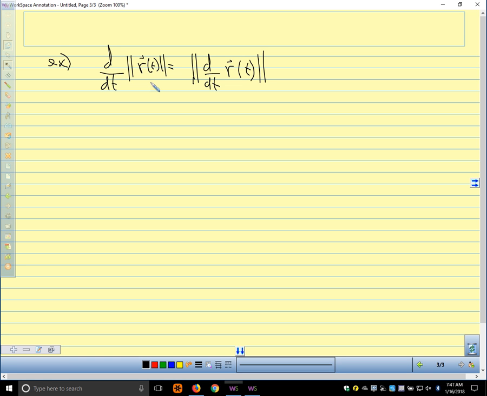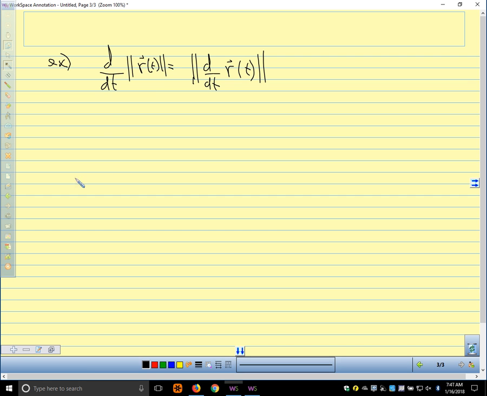The magnitude of the position vector is what? The radius of the circle, right? The magnitude of the position vector is the radius of the circle, and the derivative of that is 0.